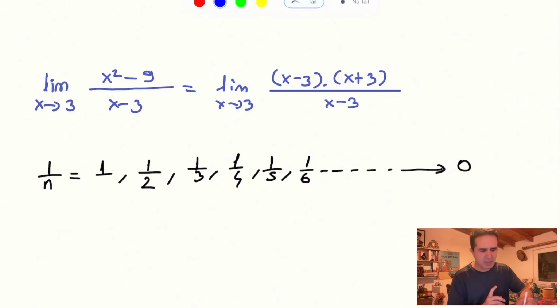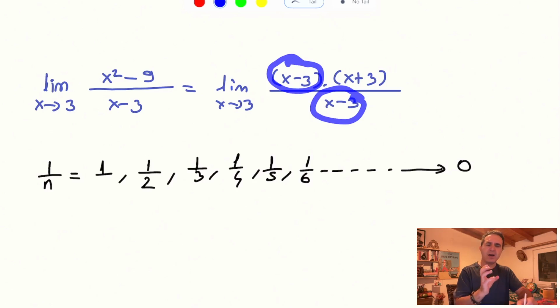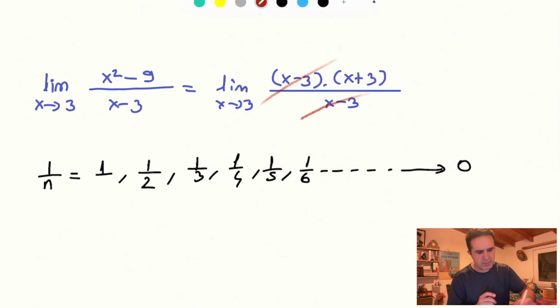And this means that here we have two different but equal numbers. x minus 3 here and x minus 3 there are equal numbers. So we can cancel them because they are equal and because they are different from 0.